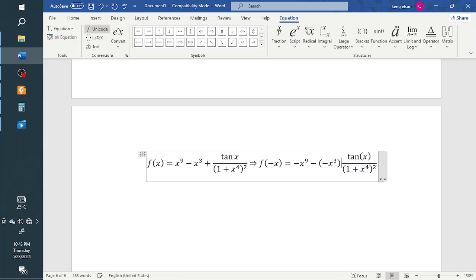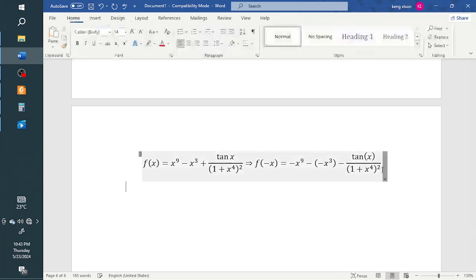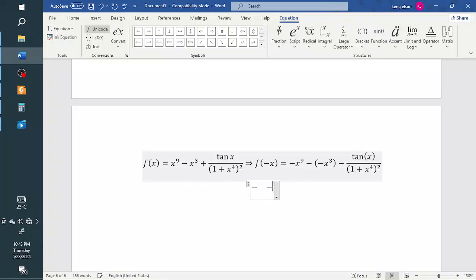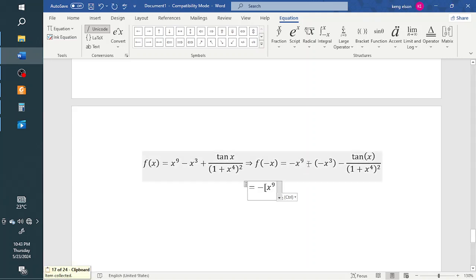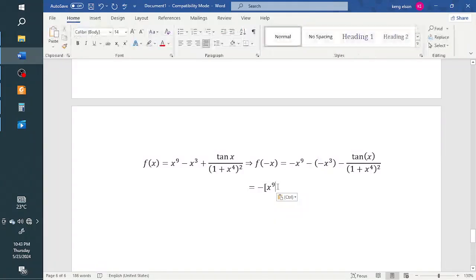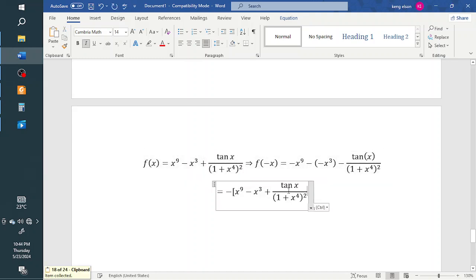This negative sign will go out. Let us factorize the negative sign from all terms. From here I'll be left with x to the power 9. If I factorize this negative sign, I'll be left with -x cubed, so minus x cubed. And from this one, I'll be left with positive tan x over 1 plus x to the power 4, all squared.